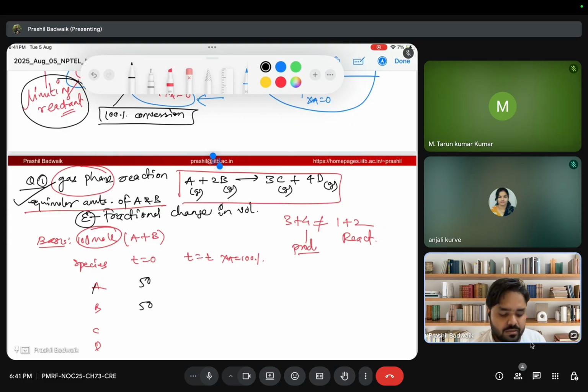That means it is 0. The feed is pure and it has A and B. At time t equal to t, that is at the time when conversion is 100%, we need to find out what will be the amount.